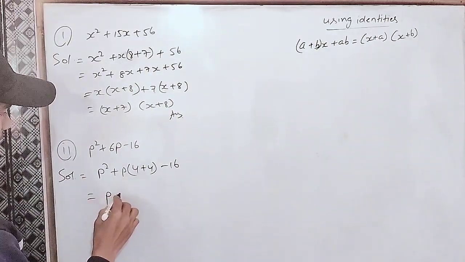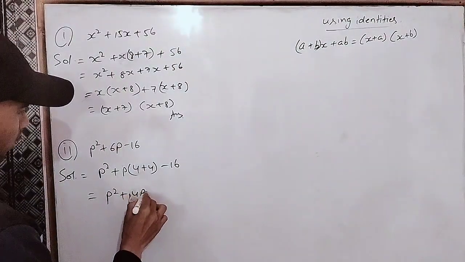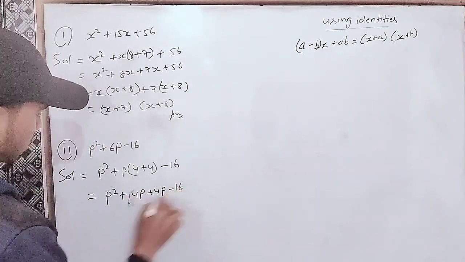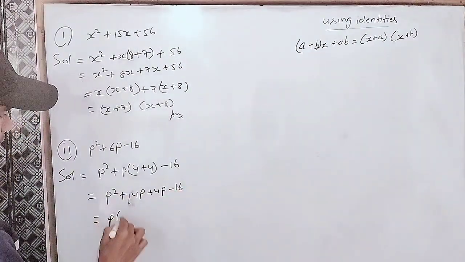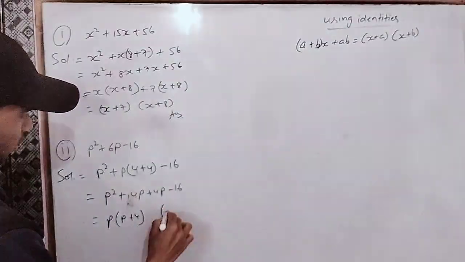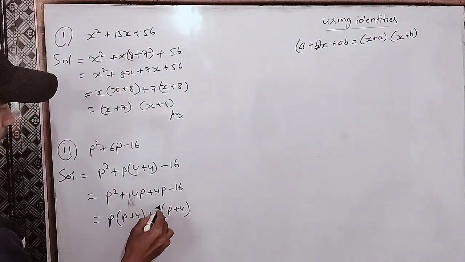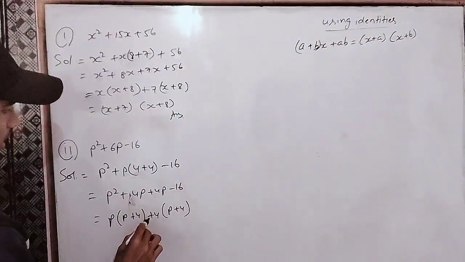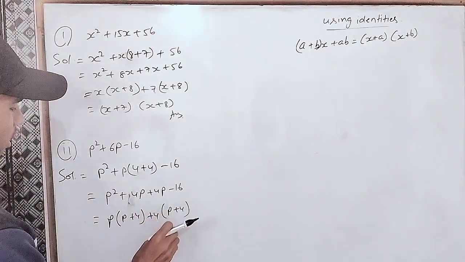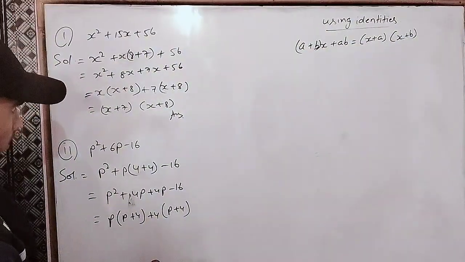Okay, now we will multiply. p is common, and then here we will write it as it is. We have 4 is common, 4p, 4 times 4 is 16. But one second.